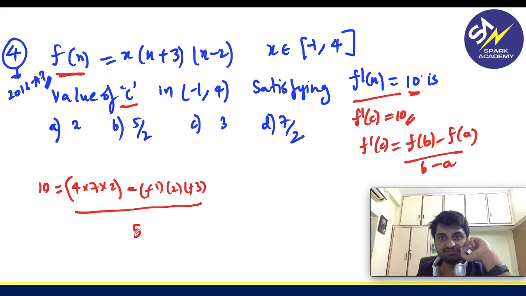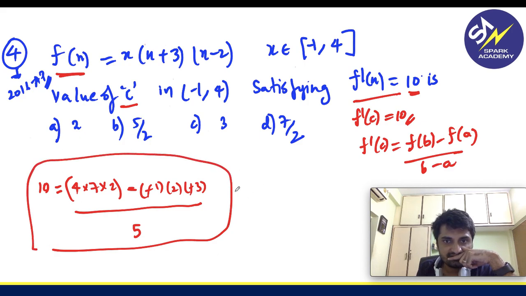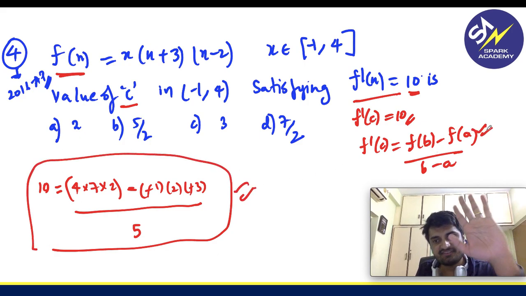So this part is just the verification part basically. So if you do this, 28 into 2, 56. 56 minus 6 is 50. 50 by 5, 10. So this is satisfying, right? It's satisfying. So this theorem is satisfying.